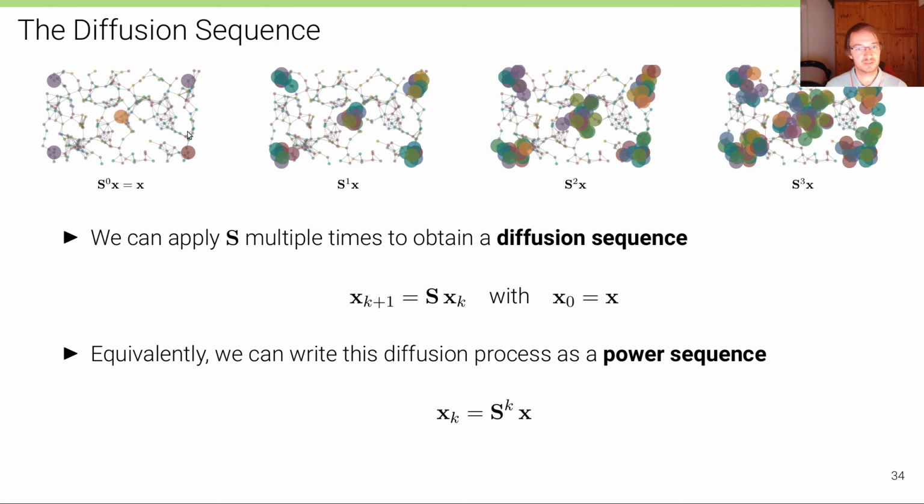If we apply S1, one application of the shift operator, we see how the signal starts diffusing. If we apply it more and more, we see how these large values, the initial 5 nodes, are diffusing over the graph. So with more applications of this shift operator, we're diffusing information more and more over the graph.